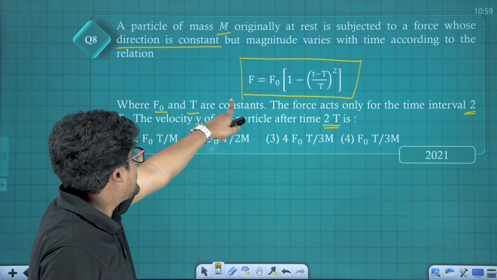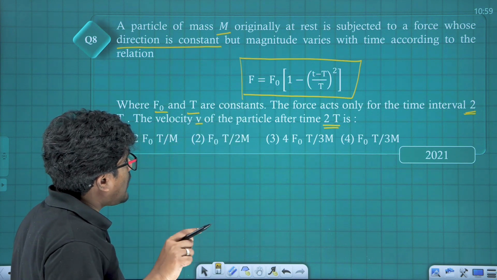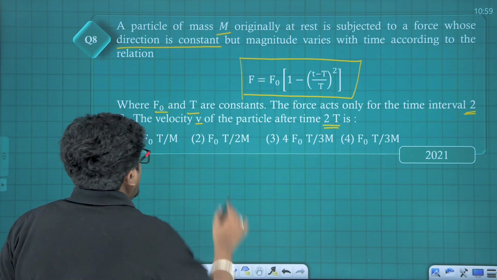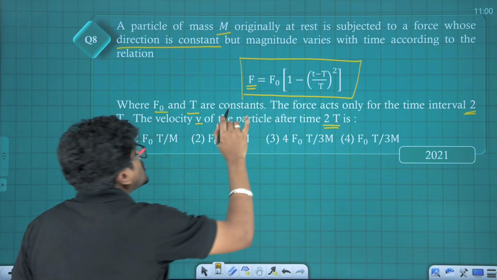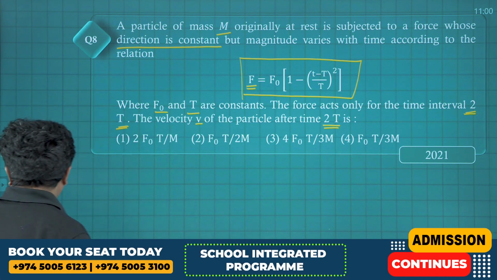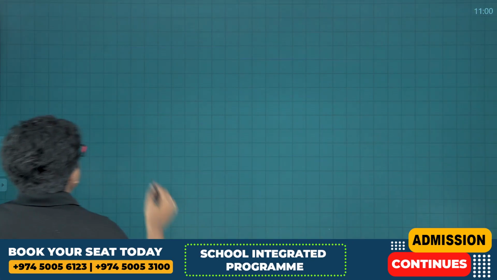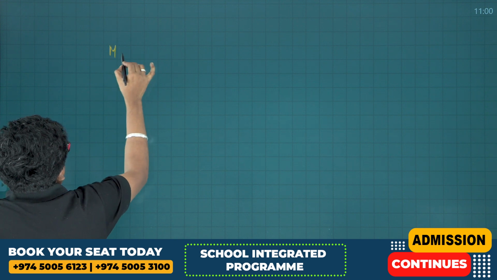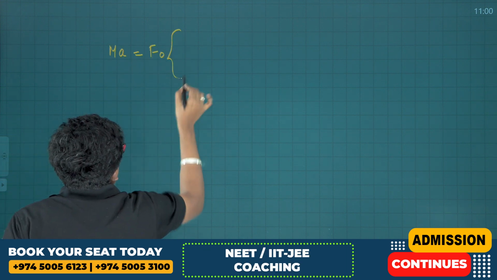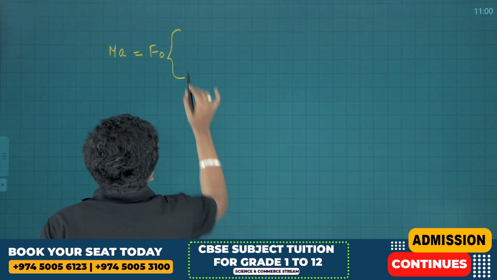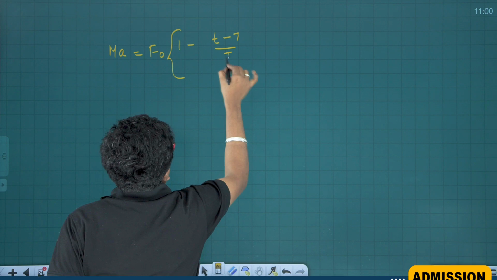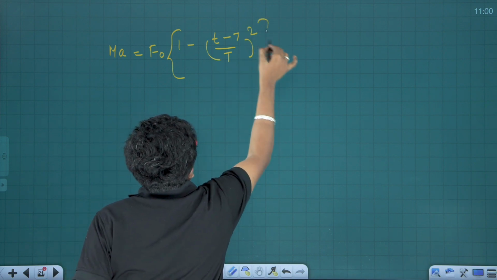Here the force is given as F equal to F naught into 1 minus ((t minus T) by T) the whole square. Okay. And what is this F? F is supposed to be capital M, that is the mass, into acceleration A. So I am going to consider that. That means M into A is equal to F naught into 1 minus ((t minus T) upon T) the whole square.